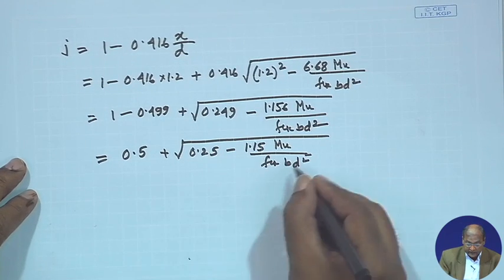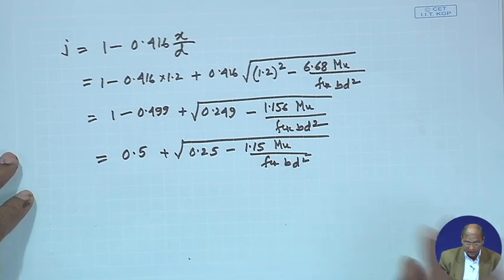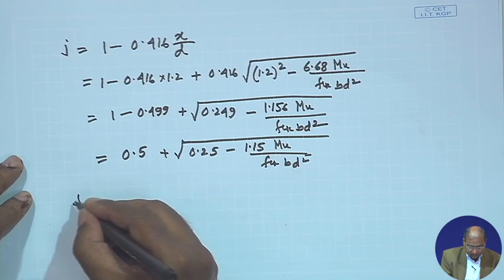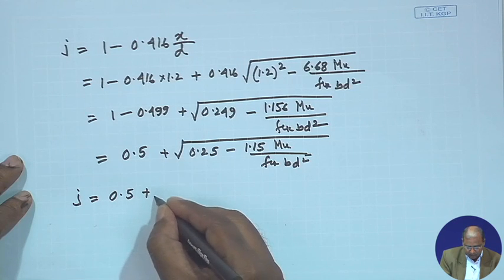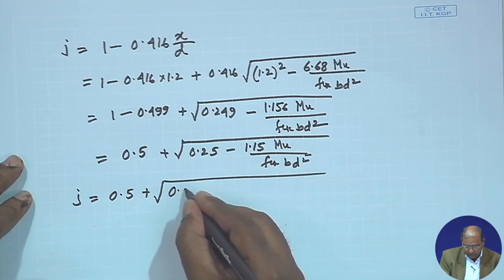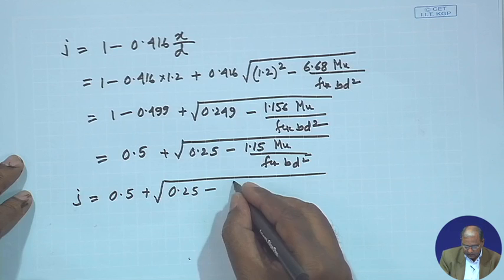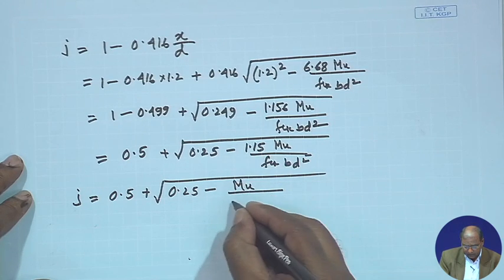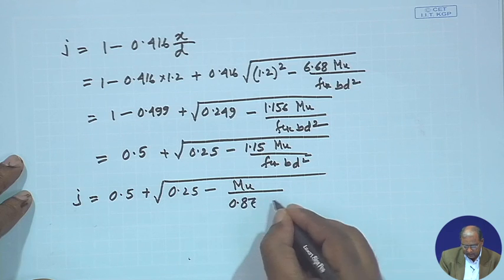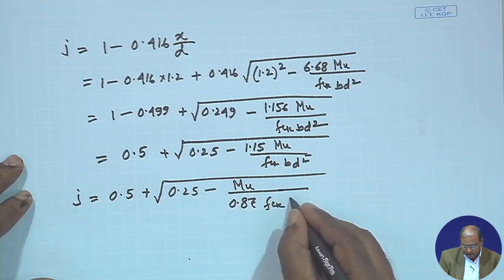So, J, in a very interesting way I can write, is 0.5 plus root over (0.25 minus 1.15 Mu divided by 0.87 FCK b d square).